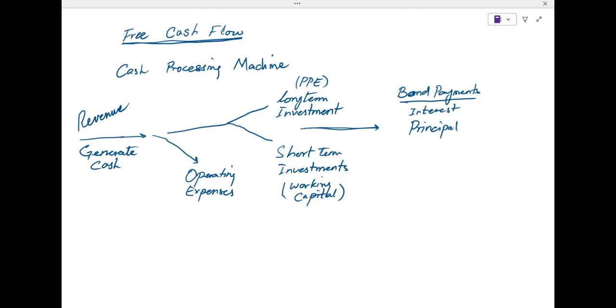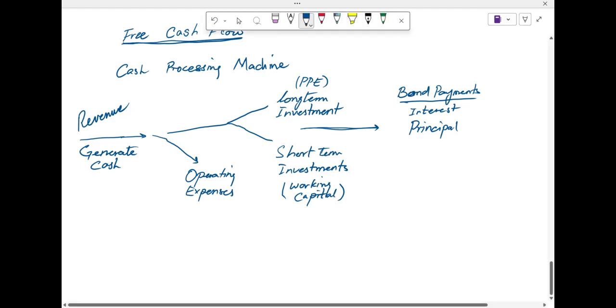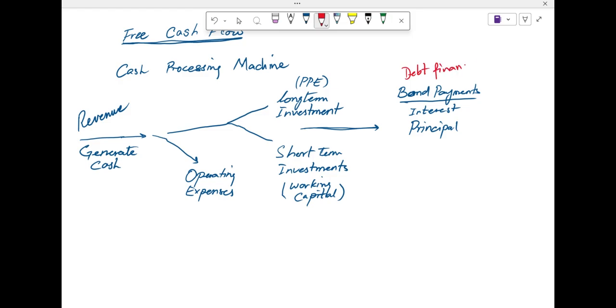After paying the bond investors, the debt financing, so that is debt financing, this is fixed asset needs, and these are working capital needs.